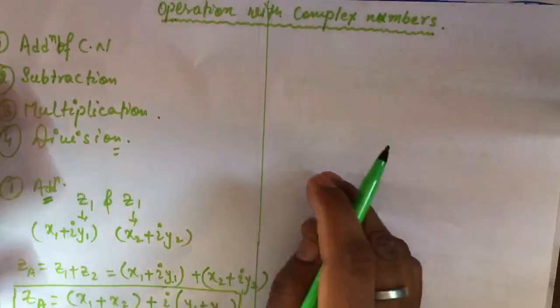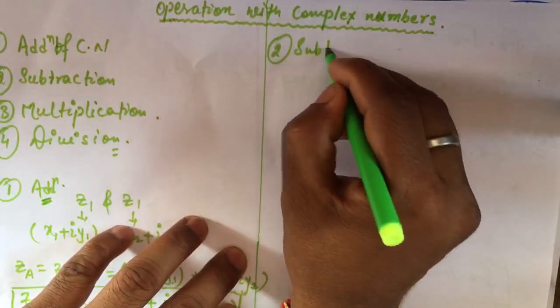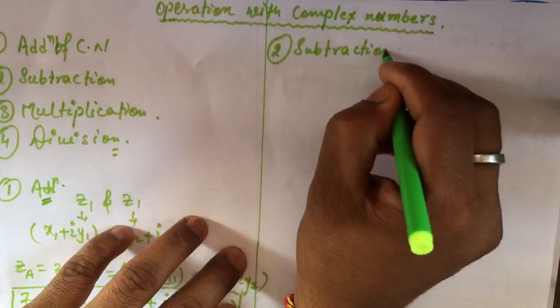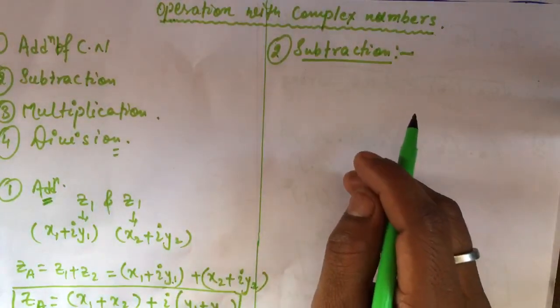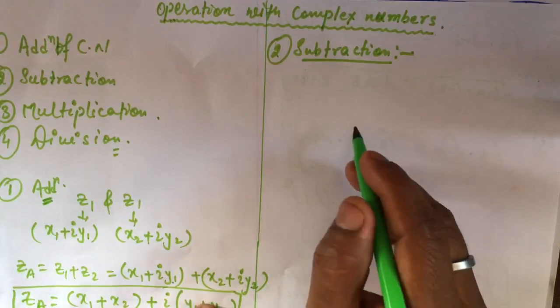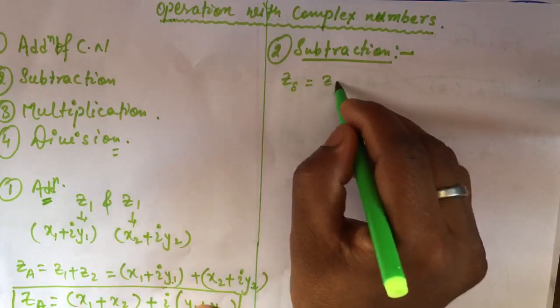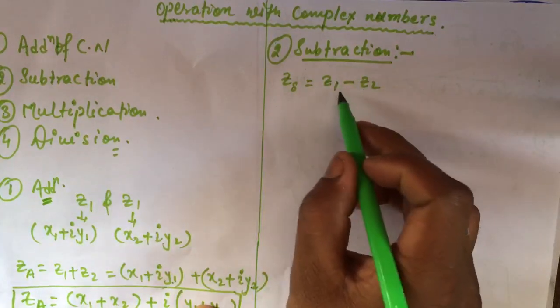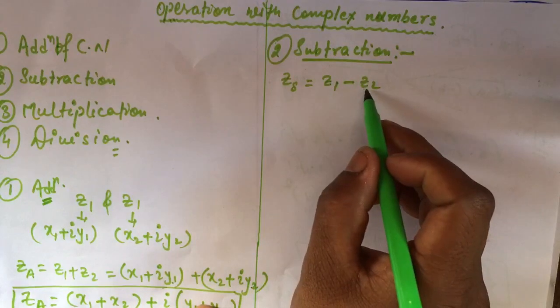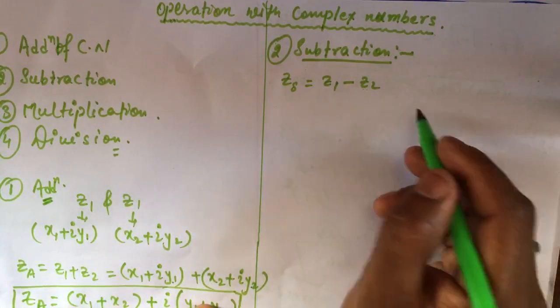And the subtraction is also in the same manner. Subtraction is addition with the negative sign. This is called the subtraction. So zs is equal to z1 minus z2. In the subtraction the order matters. Z1 minus z2 will give a different result, and z2 minus z1 will give a different result.